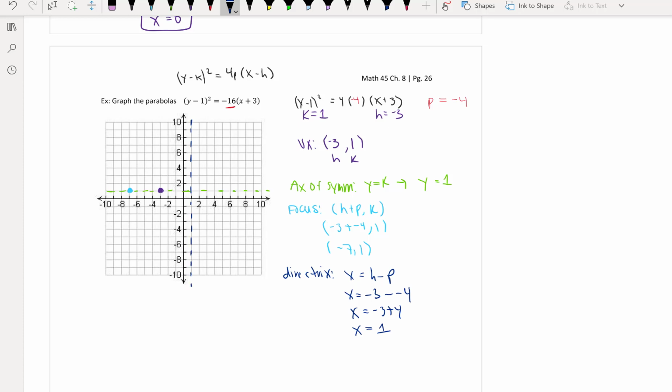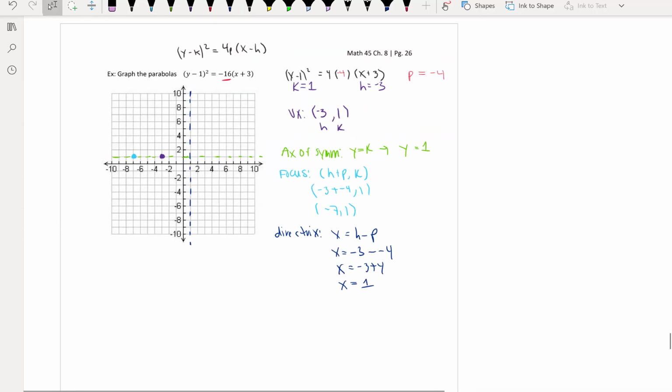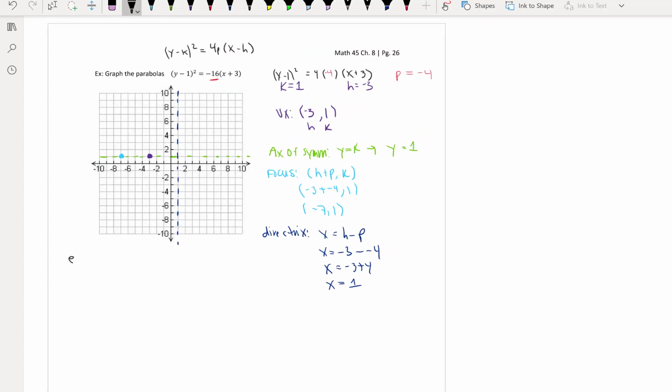Okay. And then the last thing to help me graph everything is going to be my endpoints. So for my endpoints, and this is where you have to write it down carefully, you have h plus p. That's going to be the first ordered pair.